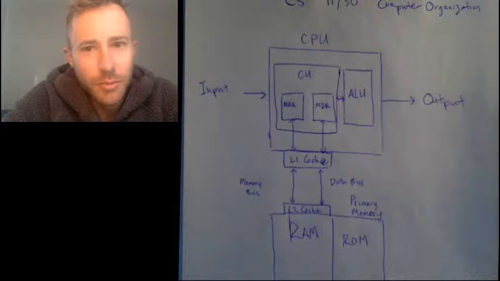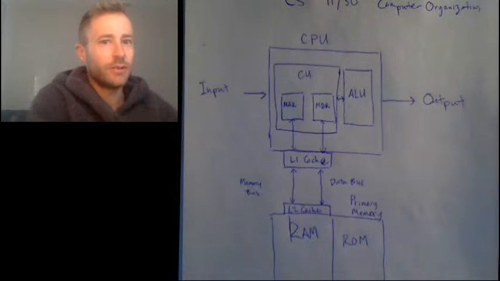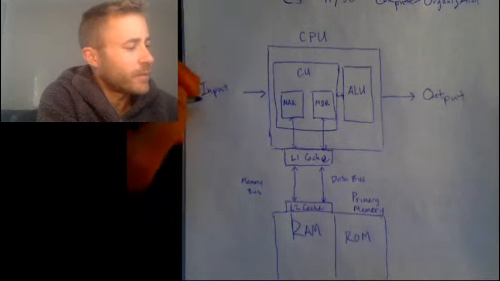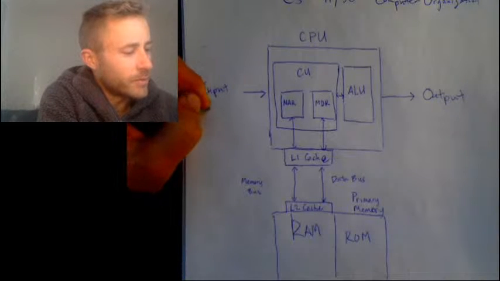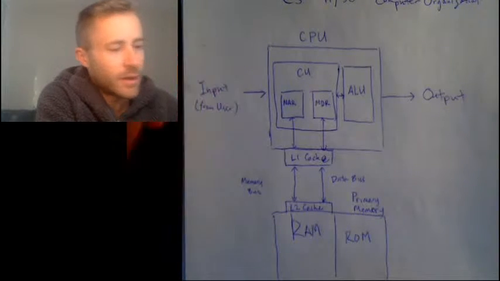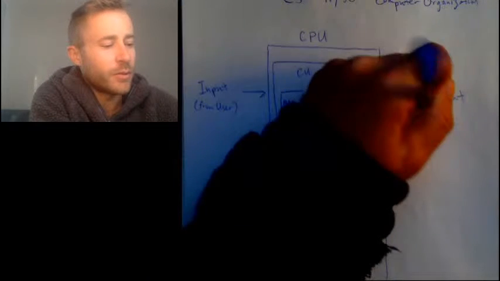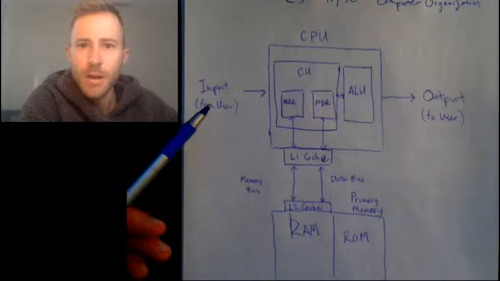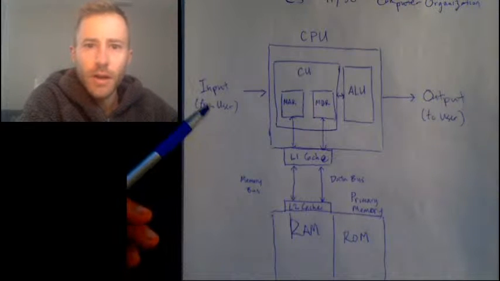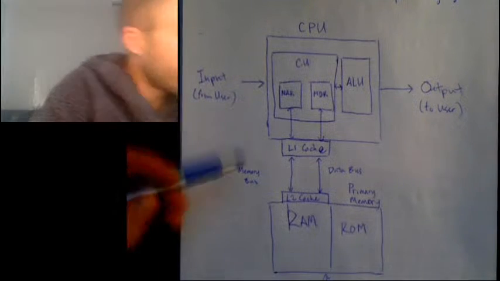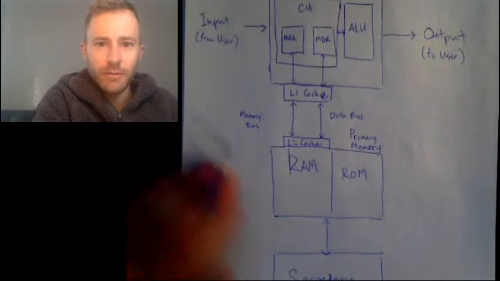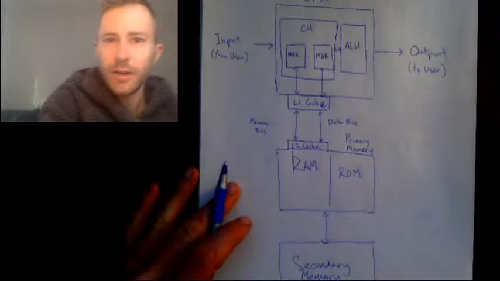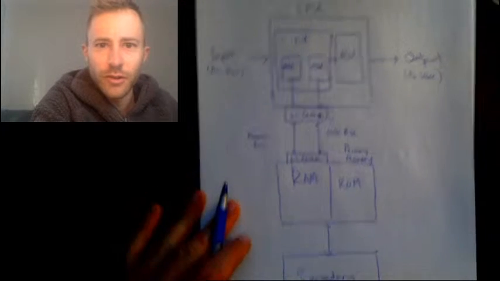So the simplest model of a computer is that it has an input, which is from the user, and it has an output, which is to the user. Maybe I should zoom out more so you can see the whole thing. There's three things.